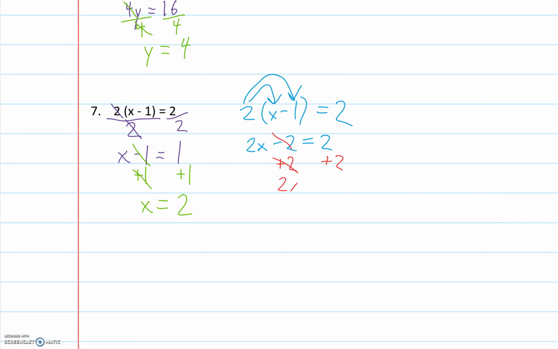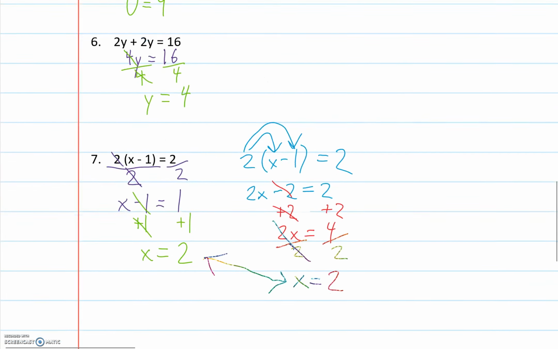So then we have 2x equals 4. And now we want to move the 2 by the x over. So x equals 4 divided by 2 is 2. And look, they actually agree with each other.